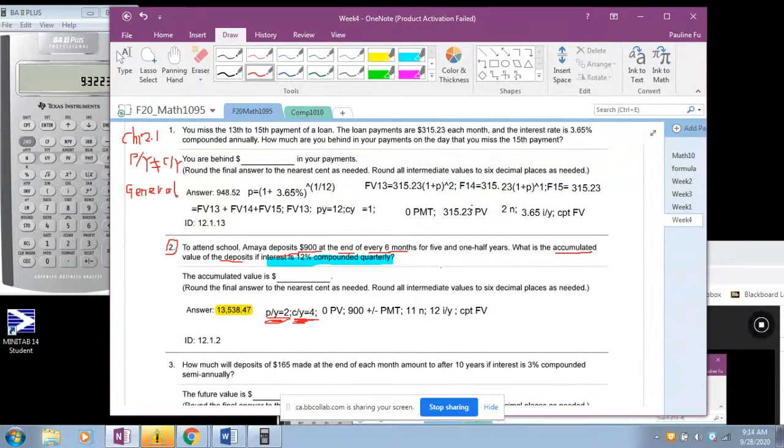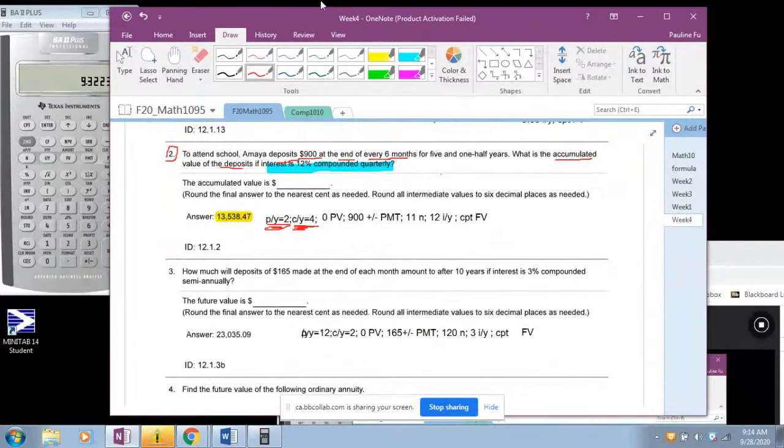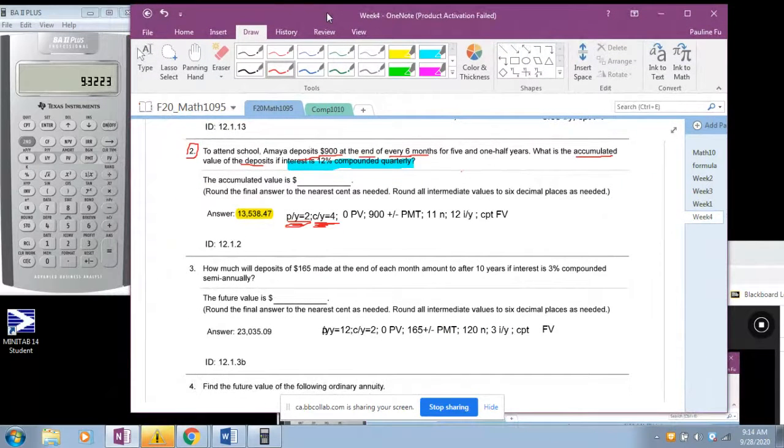Once you understand this, I'm going to show my calculator. The first step, second quit, and then second PY.